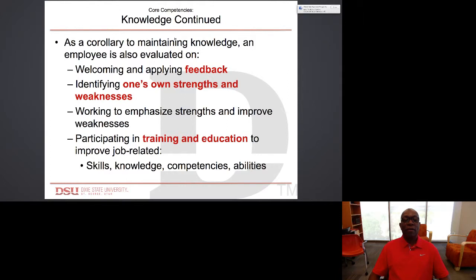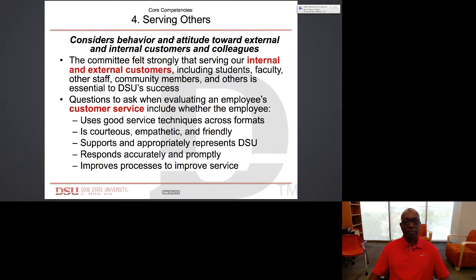As a corollary to maintaining knowledge, an employee is also evaluated on welcoming and applying feedback, identifying one's own strengths and weaknesses, working to emphasize strengths and improve weaknesses, and participating in training and education to improve job-related skills, knowledge, competencies, and abilities.